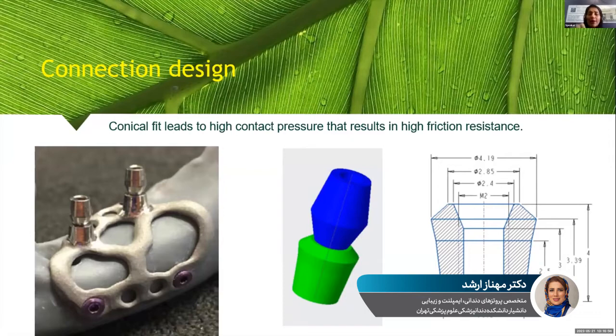You need to have some height of the post, and sometimes we can't use it because the post comes out of the mucosa and the patient is not satisfied, when you see some grayish metal in the mouth.